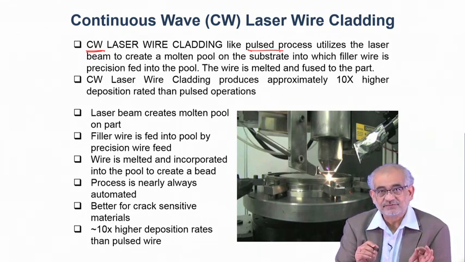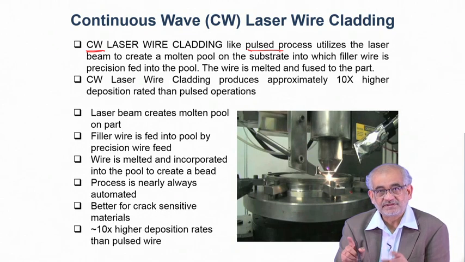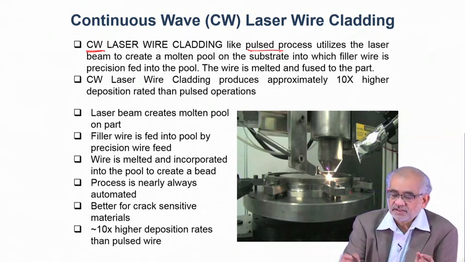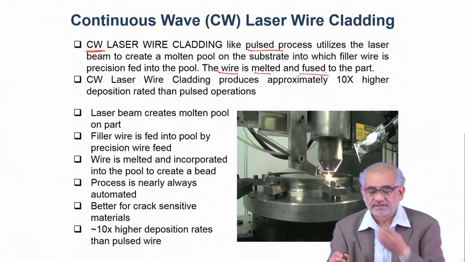So we know exactly what thickness of material we are able to deposit because we know two important parameters, the power density and the interaction time. Usually we feed in the form of wire, it can even be powder, into the laser beam, which instantly gets melted and then fuses to the part.